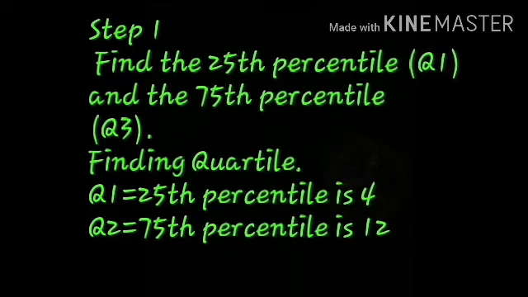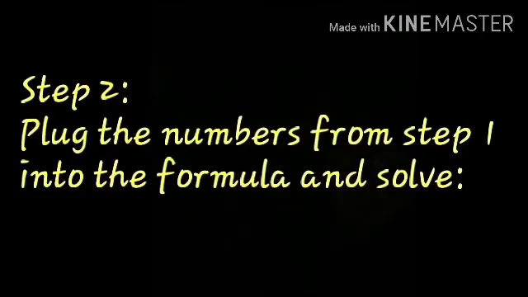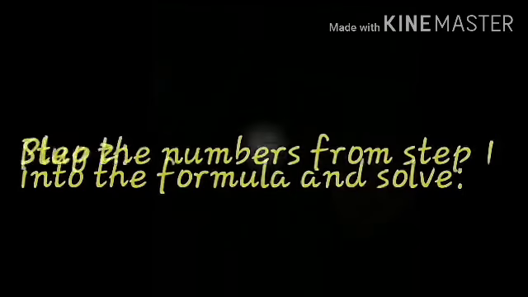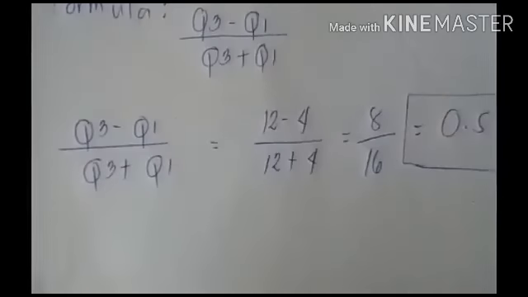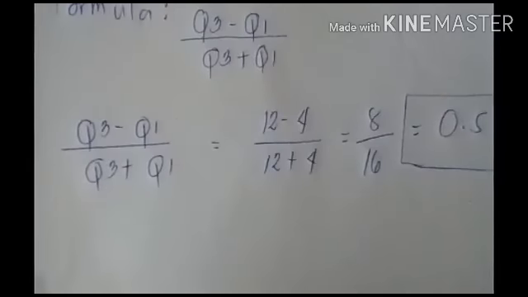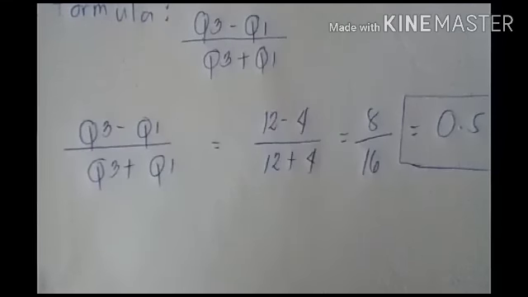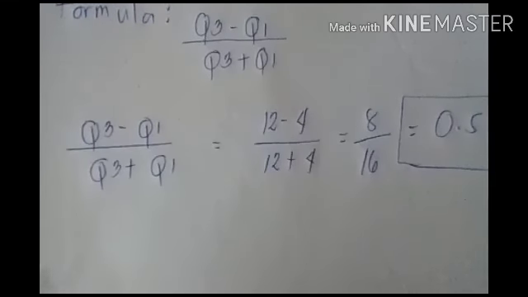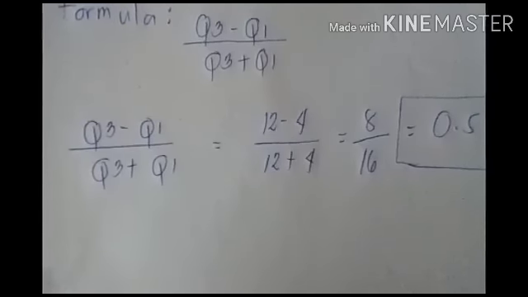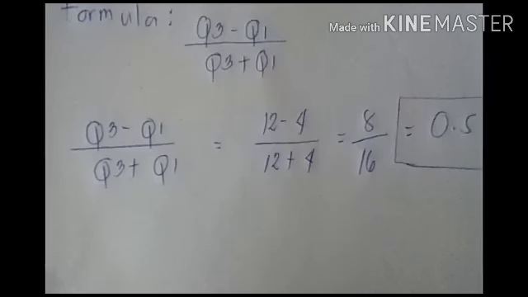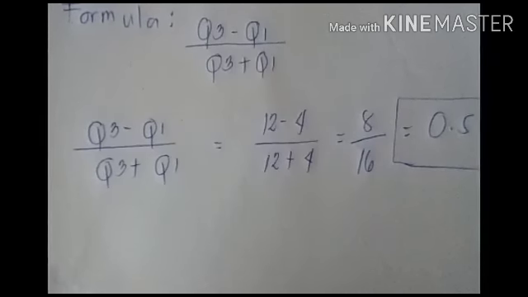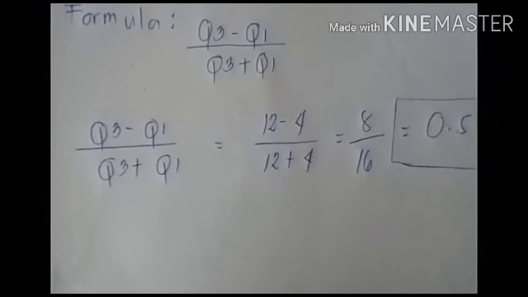Step 2. Plug the numbers from step 1 into the formula and solve. Q3, which is 12, minus Q1, which is 4, over Q3, which is 12, plus Q1, which is 4, equals 12 minus 4 equals 8.